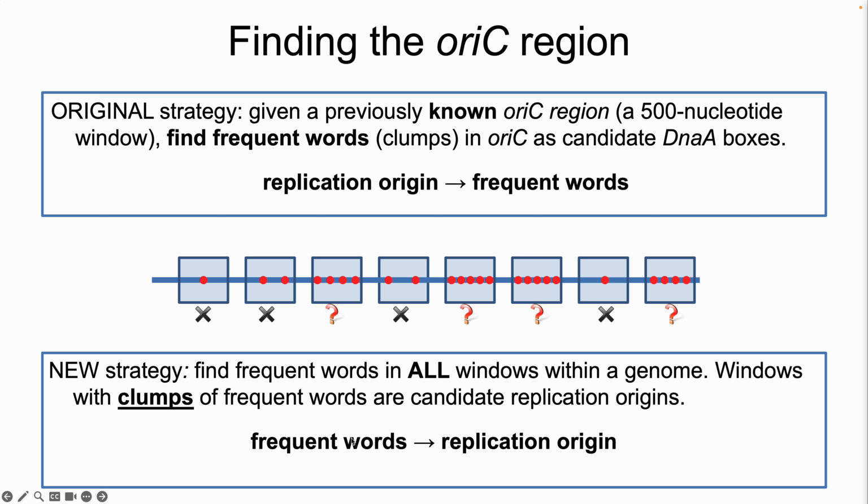Now what we're saying is, well, we could use that strategy and kind of flip it around by scanning across the genome in little pieces and see if there's a little piece that has an overrepresented message. Okay? And then that little piece that has an overrepresented message is our candidate for the ORIC region. Okay.